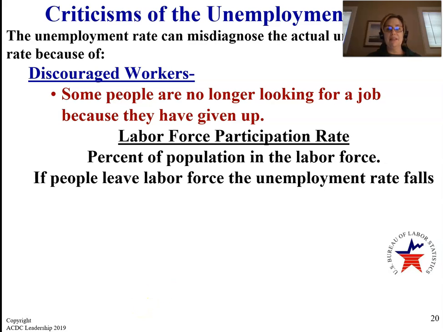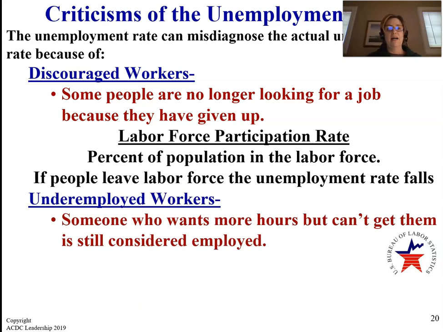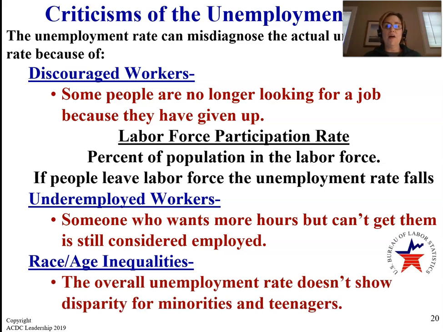If people leave the labor force, the unemployment rate is going to fall and it's going to look better than it actually is. Underemployed workers might want to work more hours, but they're simply not able to find a job. So they're going to take a part-time job, and again, they're still considered part of the labor force. The overall unemployment rate does not show disparities for minorities and teenagers.